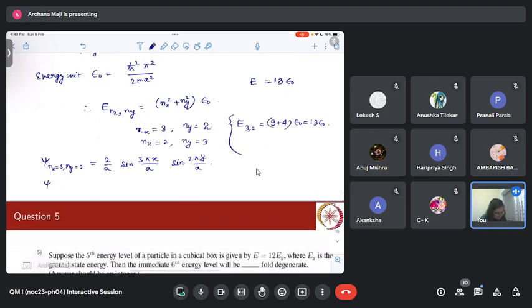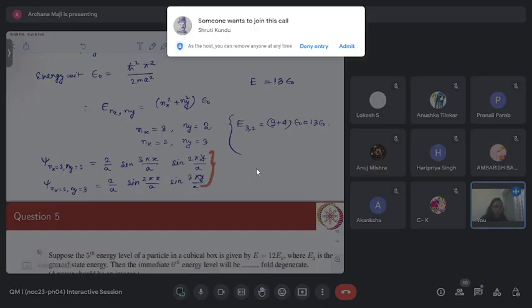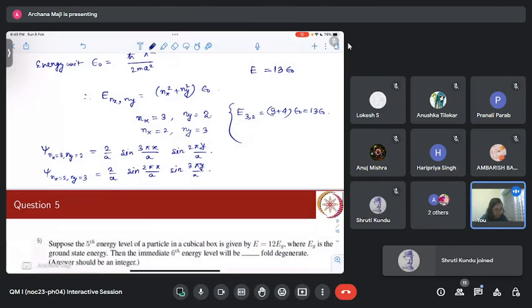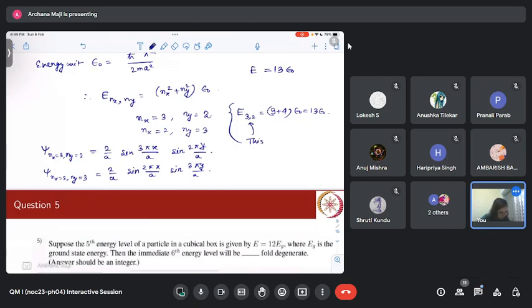And when nx is 2 and ny is 3, it will be 2 over a sine 2 pi x over a sine 3 pi y over a. So you can see there are two different wave functions corresponding to the same energy eigenvalue, which is 13 epsilon 0. So that's why 13 epsilon 0 is degenerate. This is the degenerate eigenvalue. Is that fine?